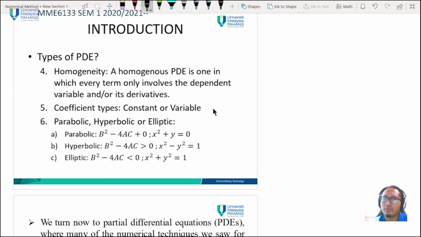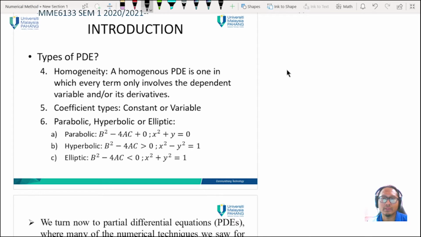The fourth type of PDE is looking at homogeneity. A homogeneous PDE is one in which every term only involves the dependent variable and or its derivatives.